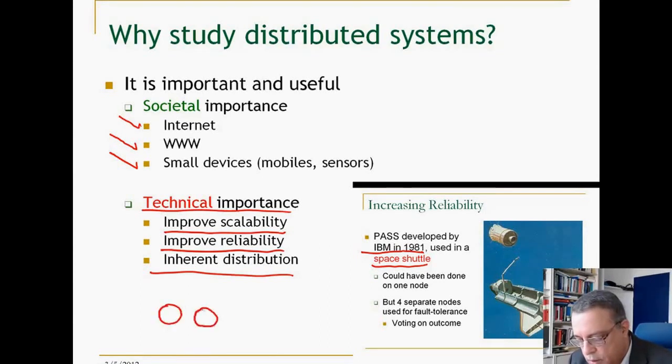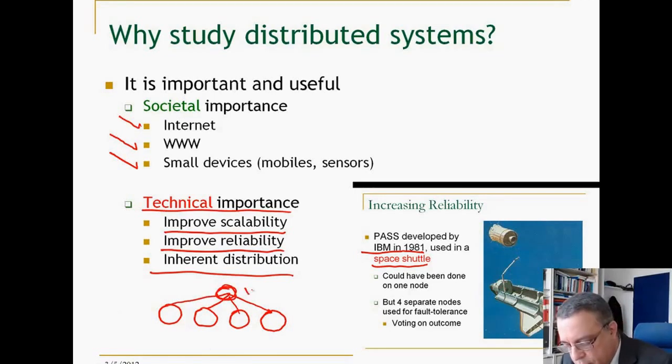It's the control computer of the shuttle. It takes input from sensors of the shuttle, makes a decision, and then initiates some actuators, depending on the decision it took from the sensor input. So what they did is that they have 4 machines instead. These 4 machines work together and they perform voting.